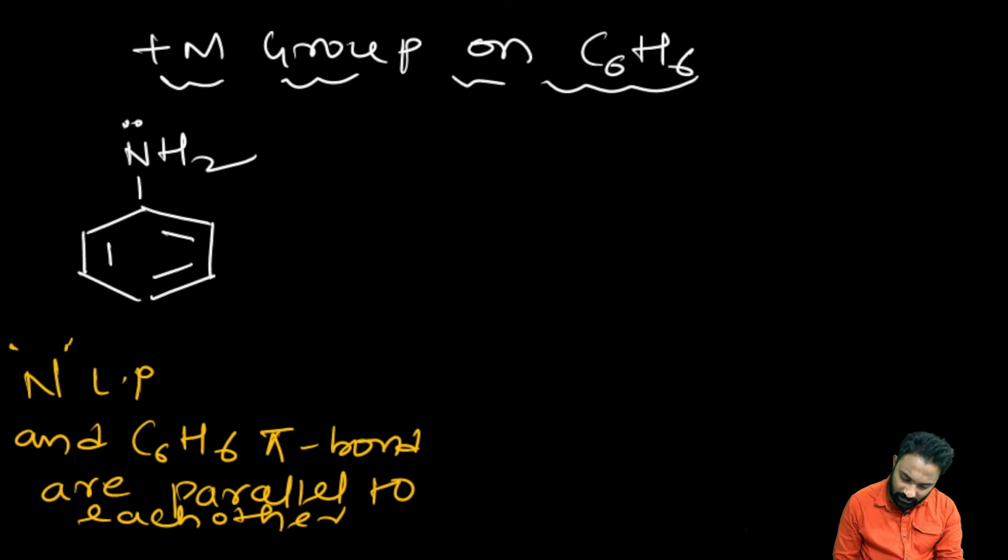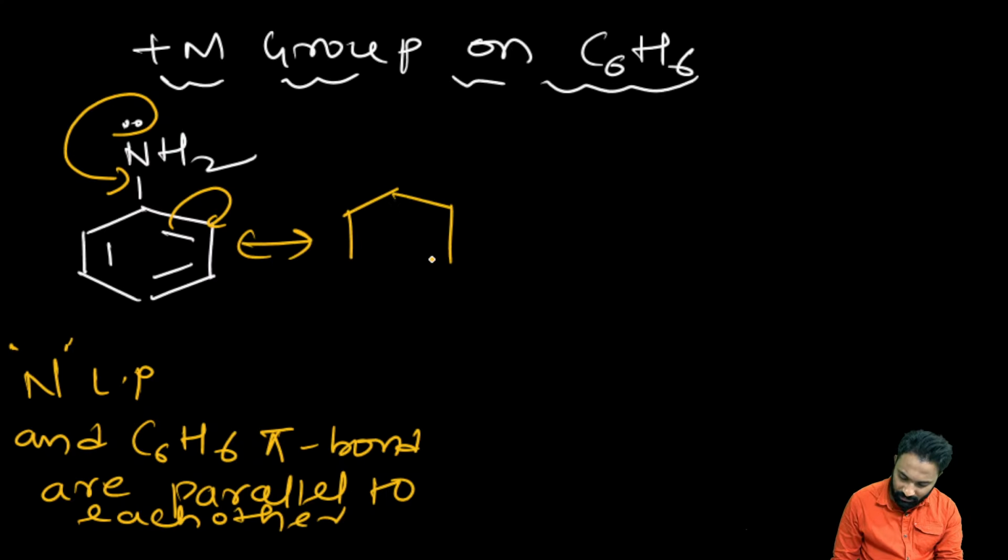Then how will it be increased? This nitrogen lone pair of electrons will be given to the carbon, and this carbon pi bond will be shifted to here. Now in this manner the resonance will happen. Here the carbon will get the negative charge, here the pi bond, and the nitrogen will get the positive charge, and here it is NH2.